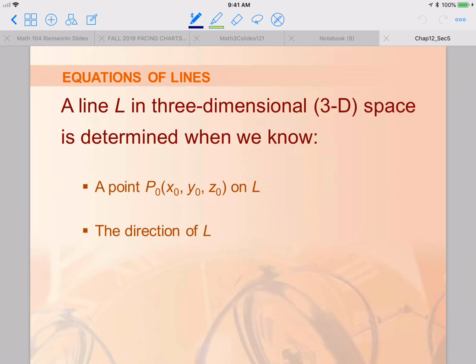L is our notation for the line. So we need to know the direction of the line, and we need to know a point on the line.